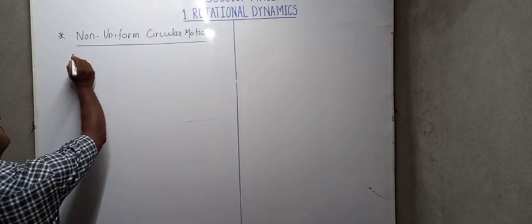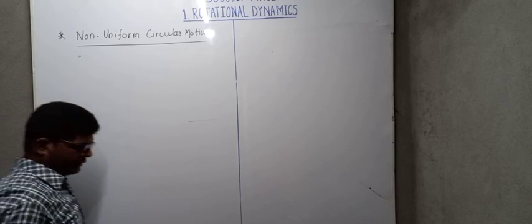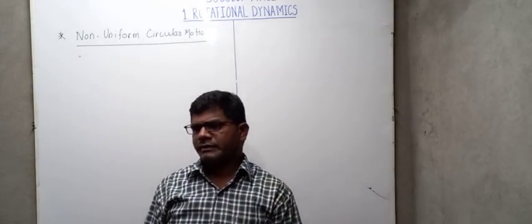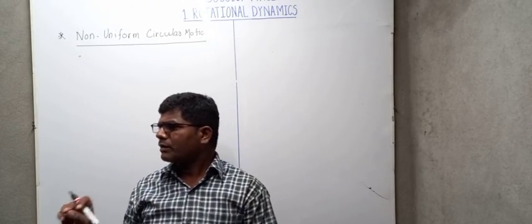Now, to understand non-uniform circular motion, we have to take an example of vertical circular motion.